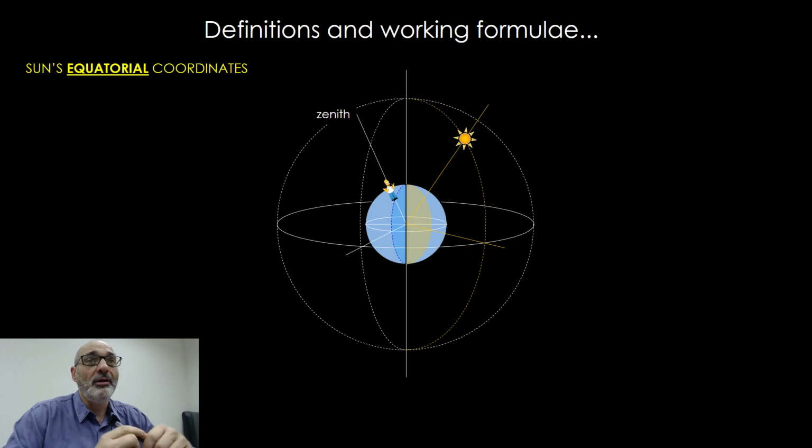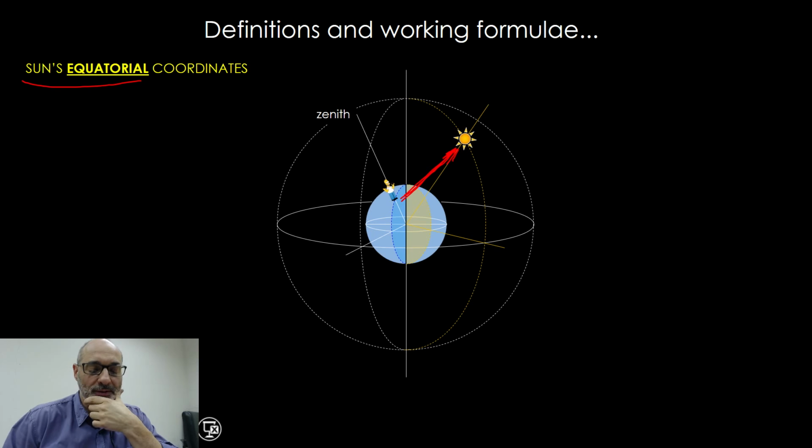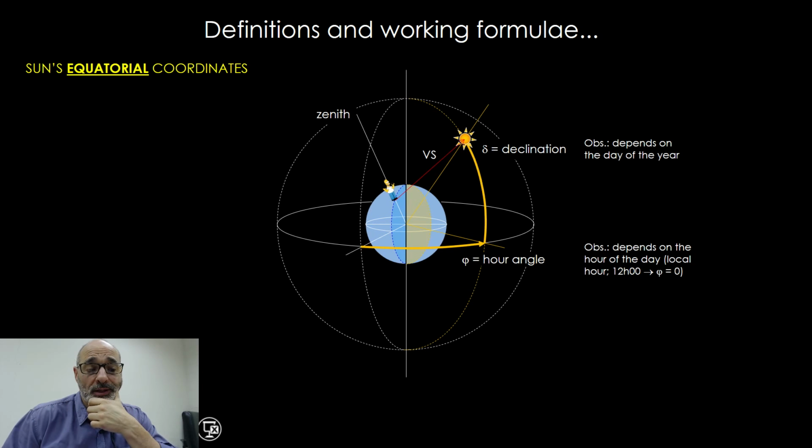Just to anticipate, what I mentioned as the solar vector is going to be a vector joining the observer to the sun. This red vector here is going to be our solar vector. But right now I need to define the coordinates of the sun in equatorial coordinates. It's the same, only the names are different.